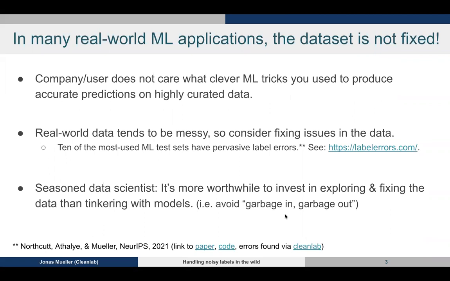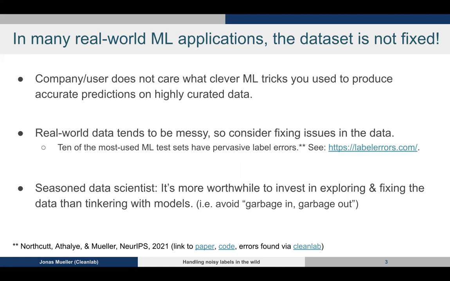And so, yeah, basically everybody who's been in data science for a long time knows that it's more worthwhile to invest in exploring the data and fixing it up than it is to spend all your time tinkering just with different kinds of models, different training tricks, things like that. And that's this garbage in, garbage out common sense phenomenon that everybody who's been in the space is aware of.